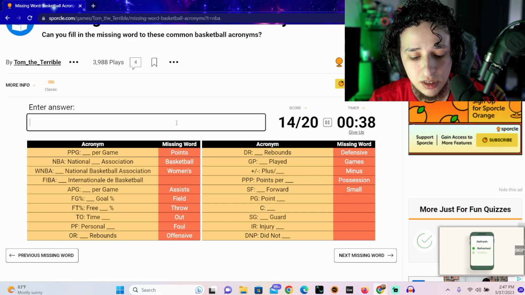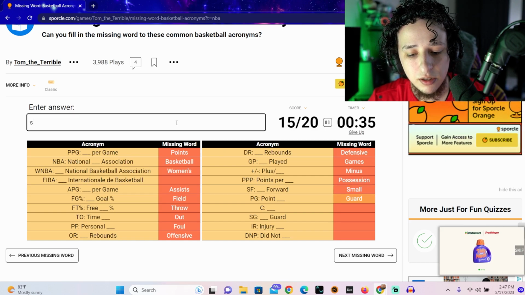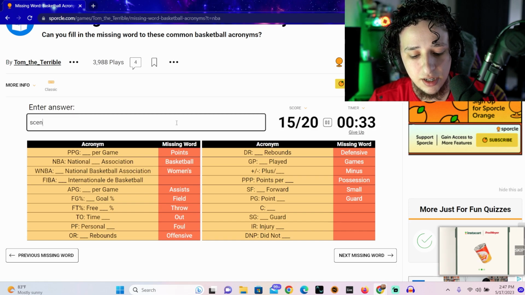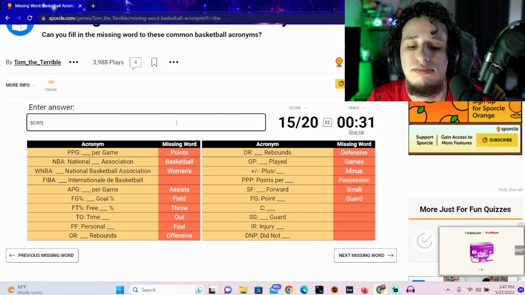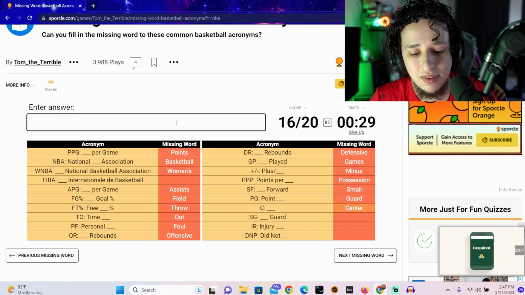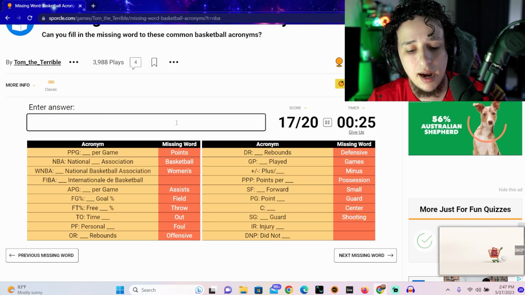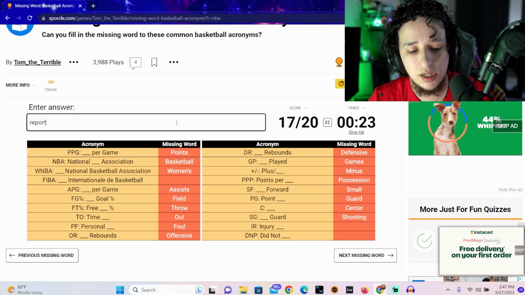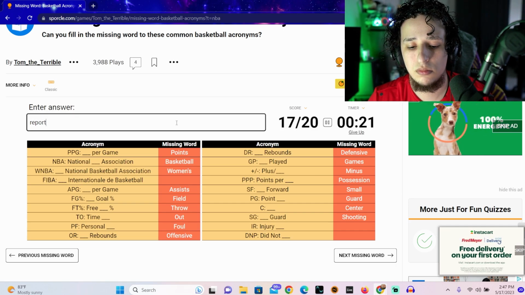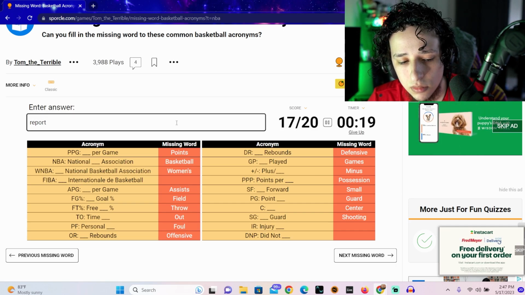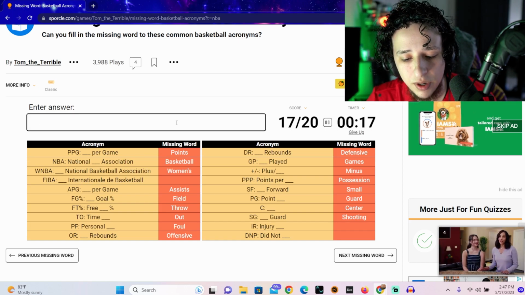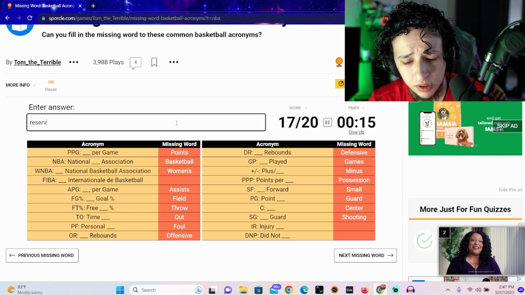One of the many positions. Actually, there's only 5, but still. Point guard. Center. Shooting guard is SG. IR is injury report. Injury reserve? Is that what they're talking about?